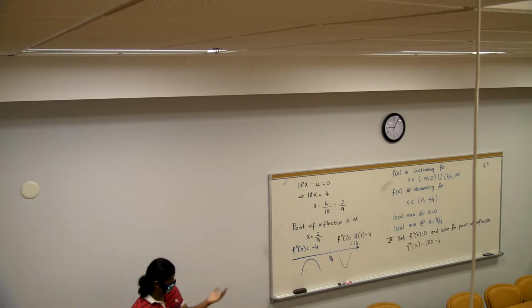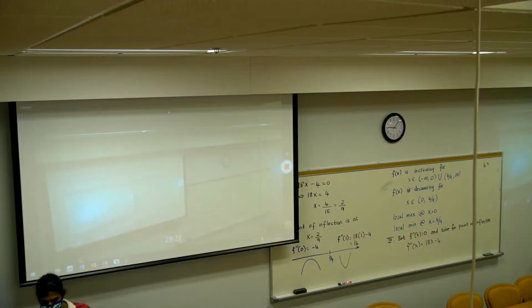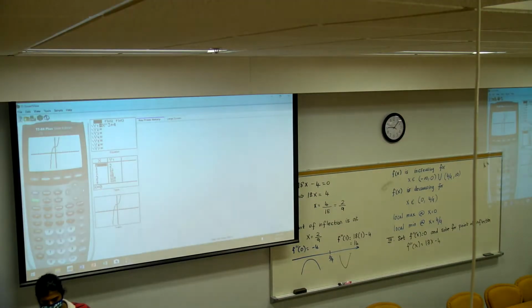Let's see if the calculator agrees with us. The function that we had was 3x cubed minus 2x squared plus 1.